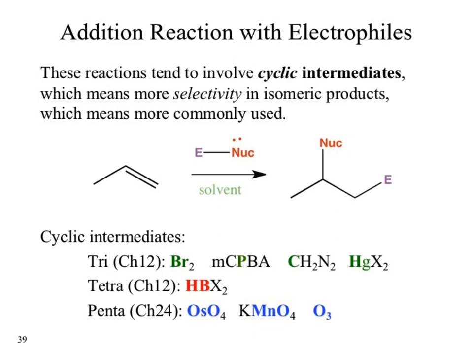Alkenes on their own aren't particularly reactive. We need active acids or active electrophiles, okay, to force them to react. Right? When we go through and look at our addition reactions, almost all of them involve some kind of cyclic structure, either as an intermediate or as a product, okay, or as a transition state.